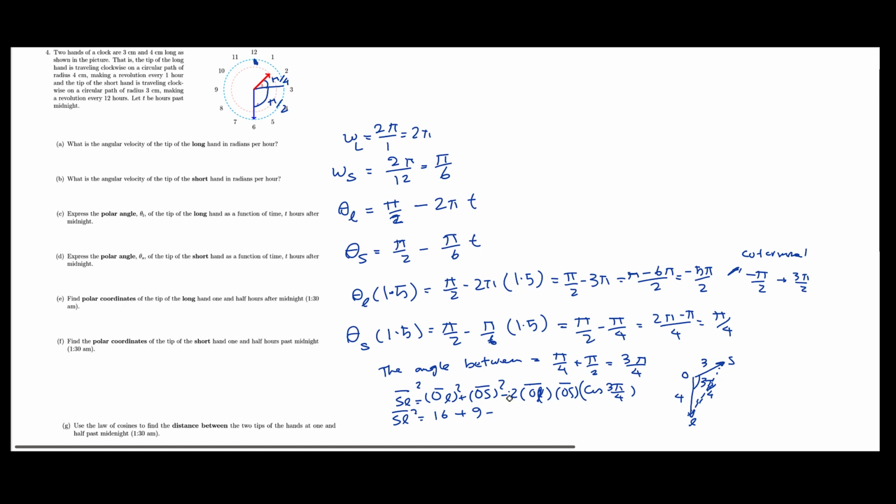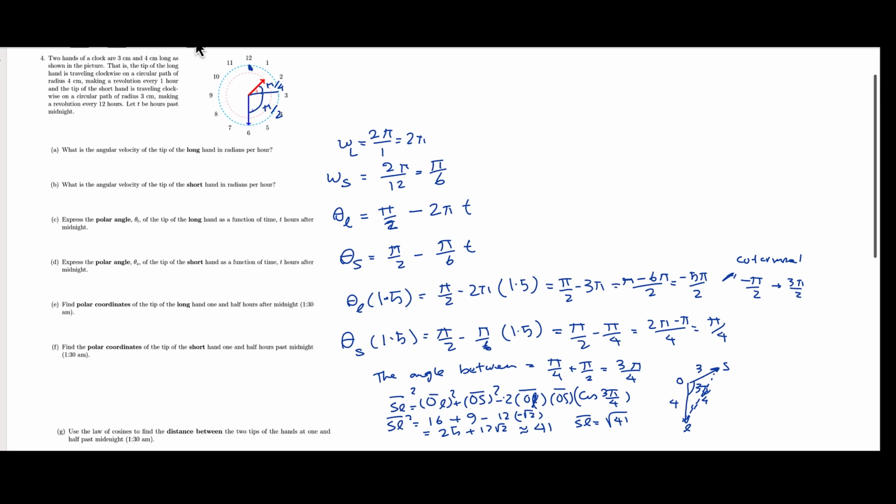That would be 3 times 4, which is 12, times 2 times that, which is just square root of 2. Oh, there's a negative sign here, so plus 12 square root of 2. Adding this together, it approximately comes out as 41. And then you take the square root of that to find that distance.